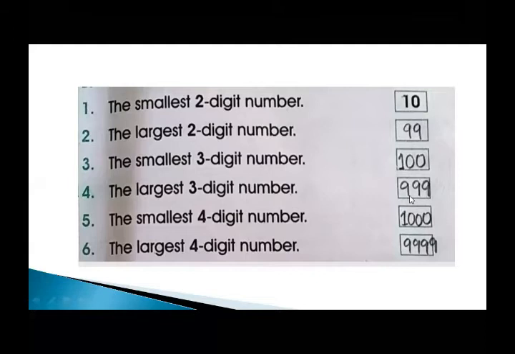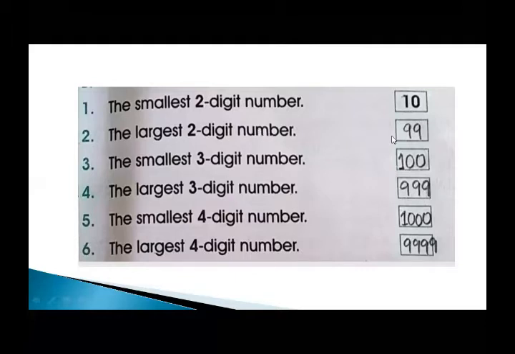What comes after 999? 1000. So the smallest 4-digit number is 1000 here. Same as the largest 1-digit is 9. Now the number that comes after 9 is 10, so the smallest 2-digit number is 10. The largest 2-digit number is 99.